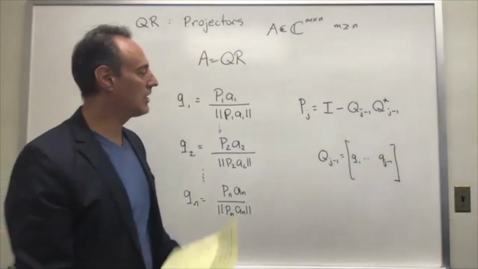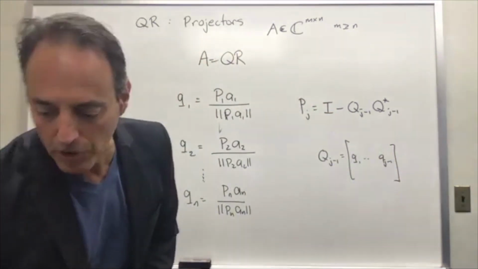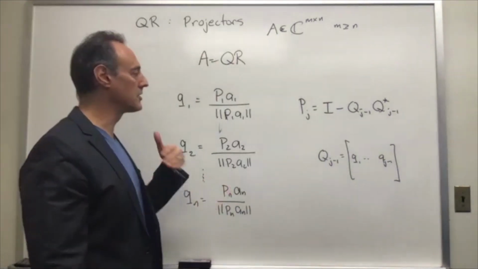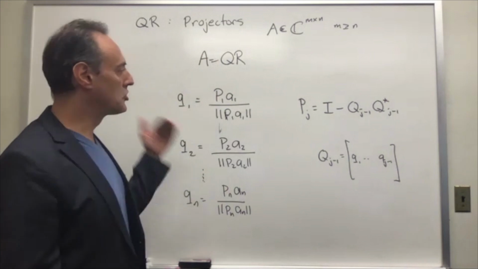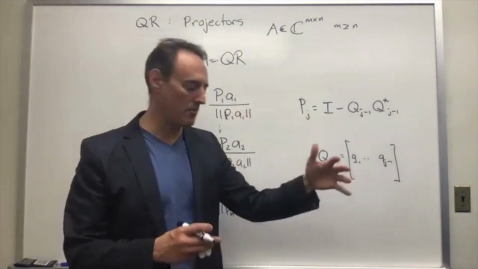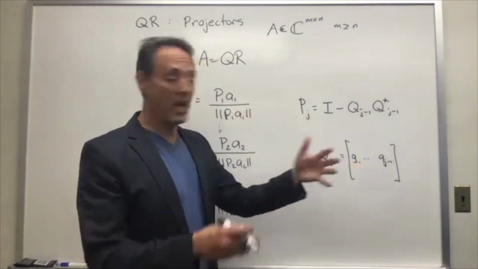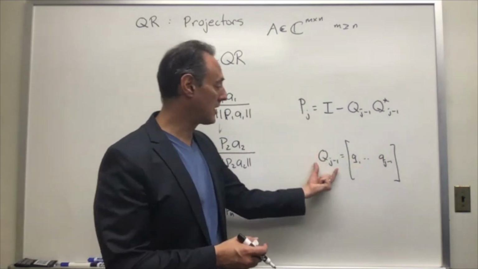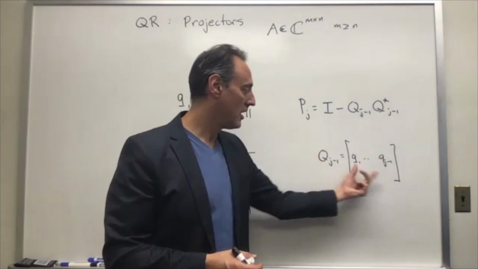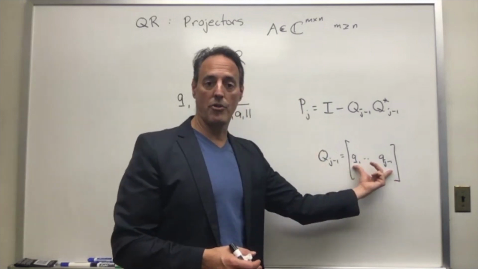So what this is telling you is something very interesting. Now we're using the full representation of this projector theory to get us what we want. So the Jth projector, in other words, suppose I've computed j-1 directions that are orthogonal. So I've already started to fill up my Q so far, the first j-1 orthonormal directions.